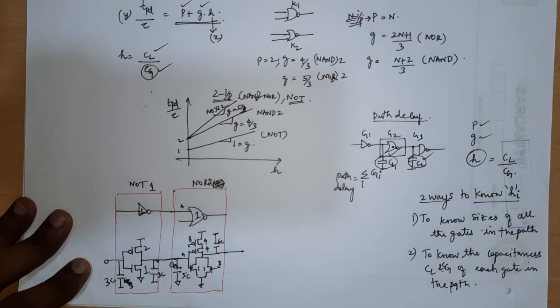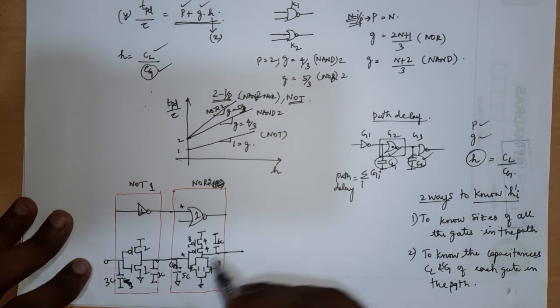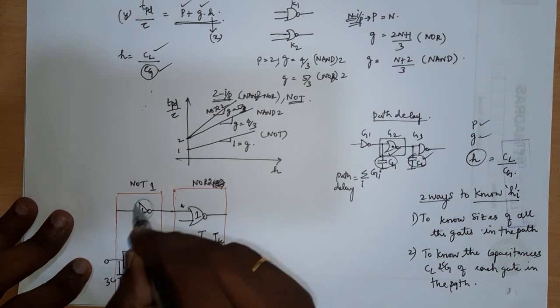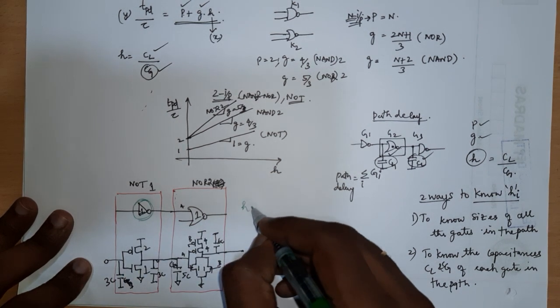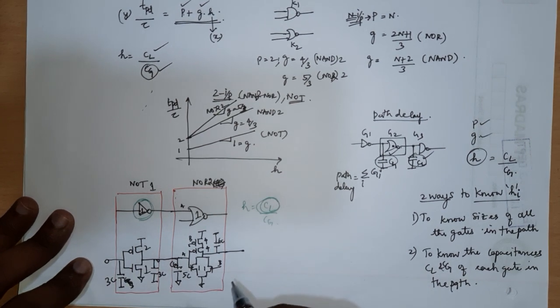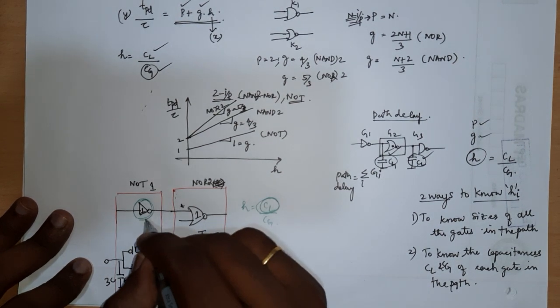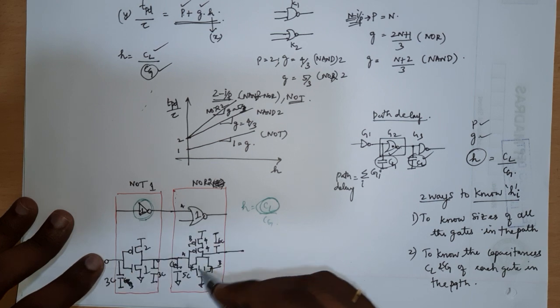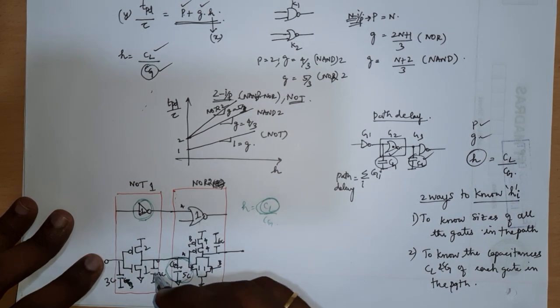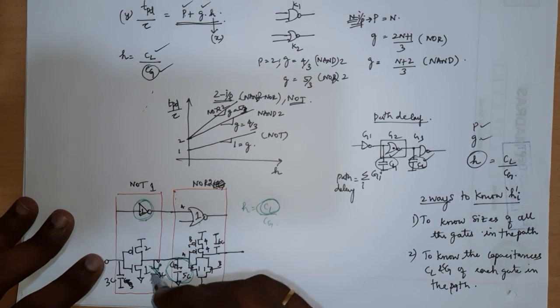But what we are saying is that for the inverter, if I want to calculate H, it is CL by CG, and the load capacitance for this inverter is the CG of this next stage. It is not the parasitic capacitance.